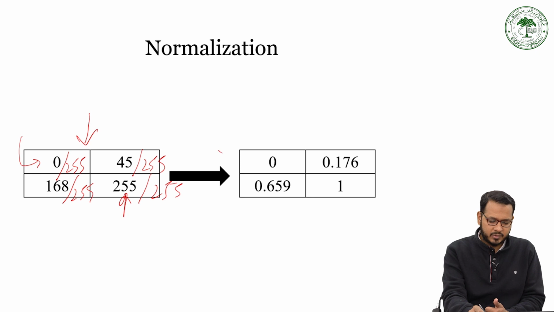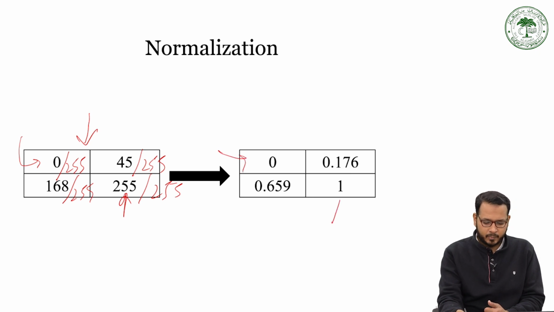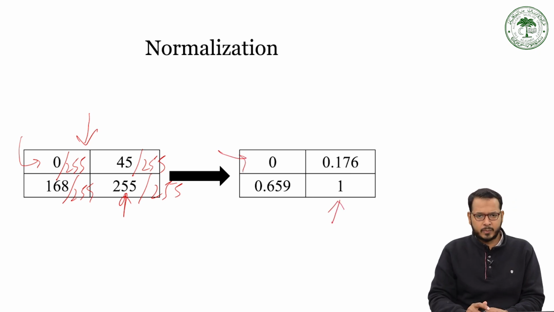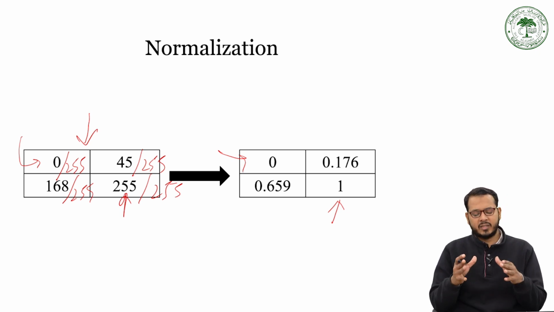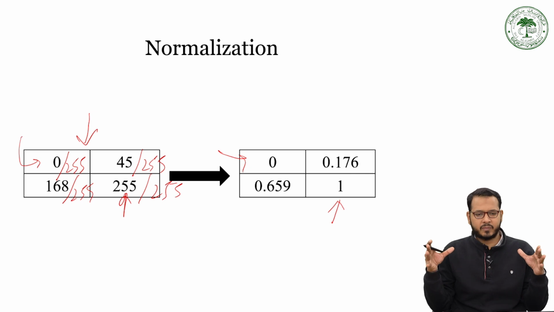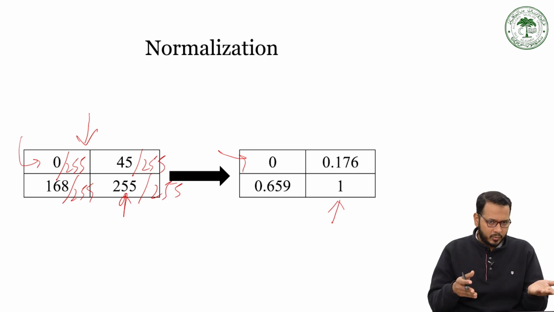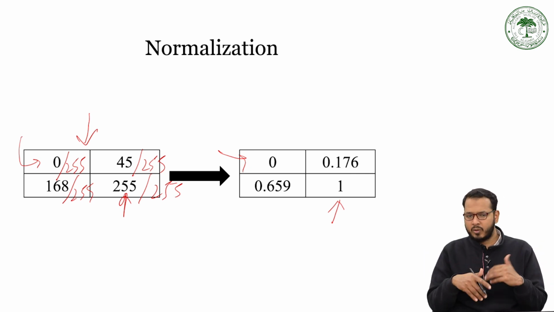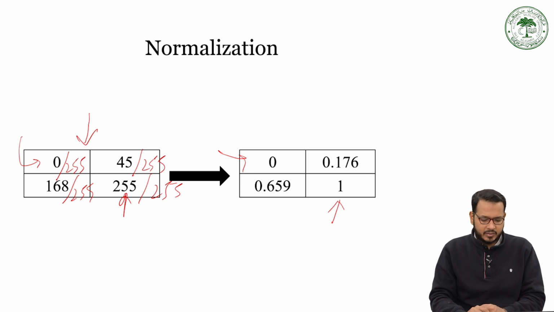Obviously 0 will remain 0, 255 will become 1, 45 will become 0.176, and 168 will become 0.659. So it brings all the values within the range 0 and 1, and we do that for all the images in the training data set and later on for the testing data set as well.